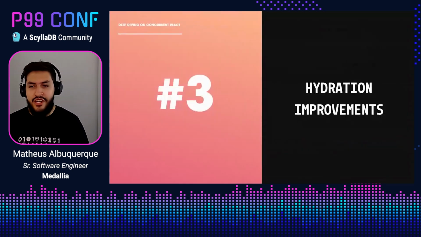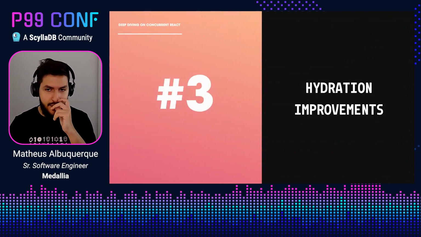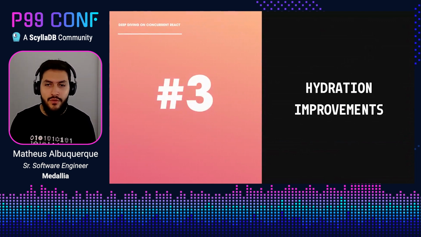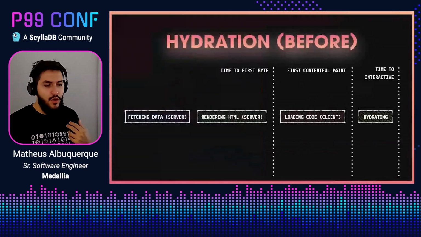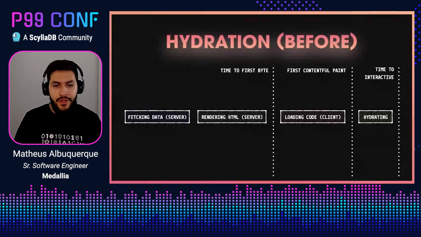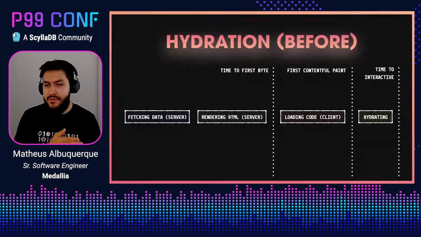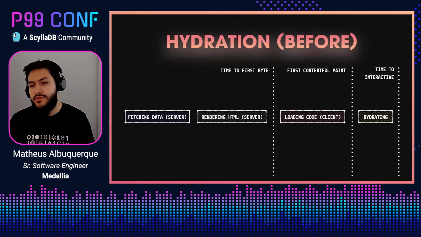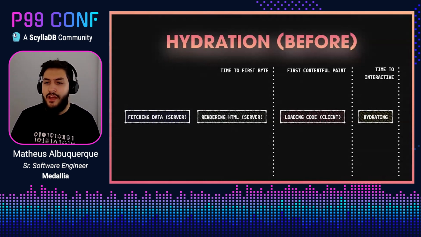Another thing is hydration. So if you've done SSR with Next or something else in React before, you've seen this, that all of these steps are sequential and blocking. So here we render the HTML on the server, and that's when we get the first byte, and then load the code on the client, and that's when we get our FCP.